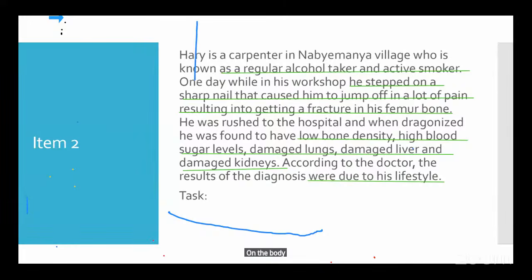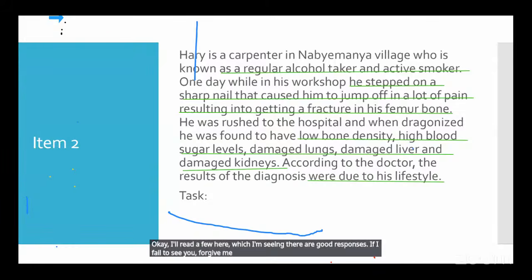So in this case, we are given, for example, the drugs here in context, we have both the smoke and the alcohol. So we want to see how they affect. So for example, I'll read a few here, which I'm seeing are good responses. If I fail to see yours, forgive me for that.